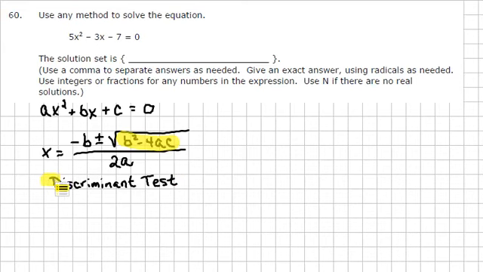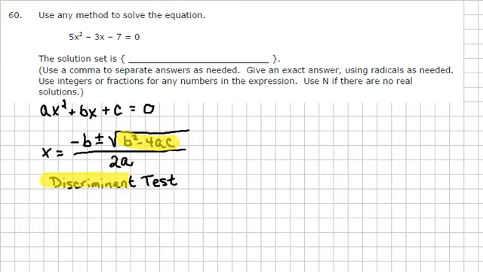So the discriminant is the part underneath of the square root symbol, the b squared minus 4ac. Well, if b squared minus 4ac ends up being a negative number, then we would have the square root of a negative number, and the square root of a negative number is not a real number, which would indicate that there are no real solutions.